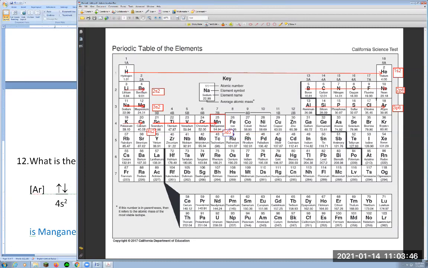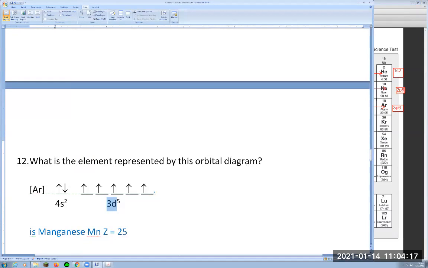Because of that, when you use the periodic table to write an electron configuration, when you are in the d block, you need to do the period number minus 1. And when you are in the f block, you will have to do the period number minus 2. So let's see some examples of that with the next questions.